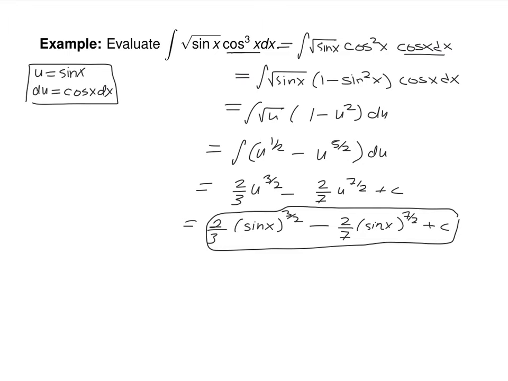So a little tricky with the whole root sine x, but the point is if one of the powers on sine or cosine is odd, that's the thing where you take one off and save it. If they're both odd, you can actually do it either way, and there's more than one correct answer. It's tricky when I find those problems, quiz problems, and realize it after I've done it.